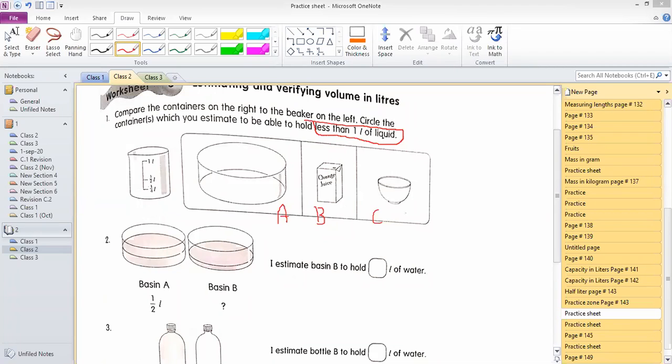I am asking which container you think can hold less than 1 liter of liquid. B. Okay, only B. B and C. Okay. Let me take one more student.